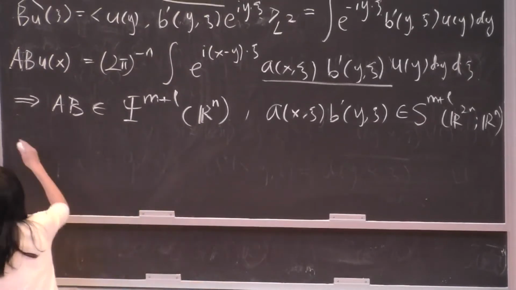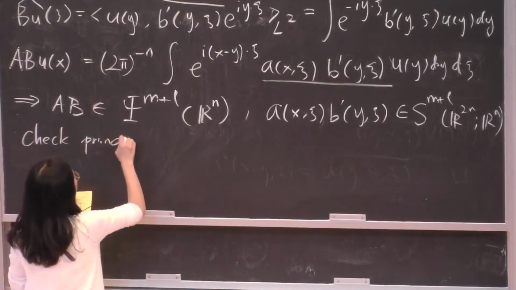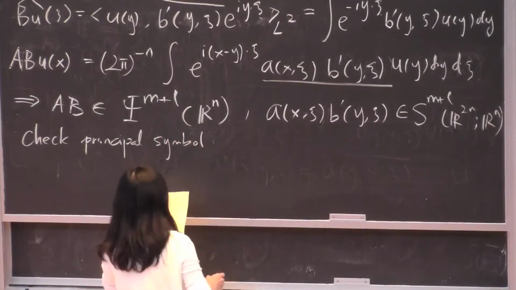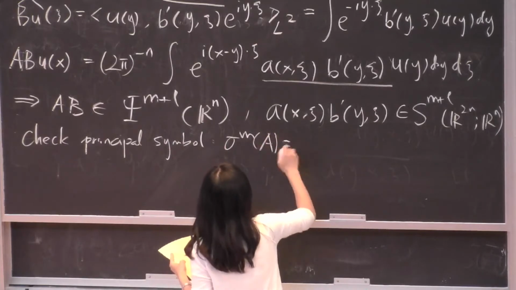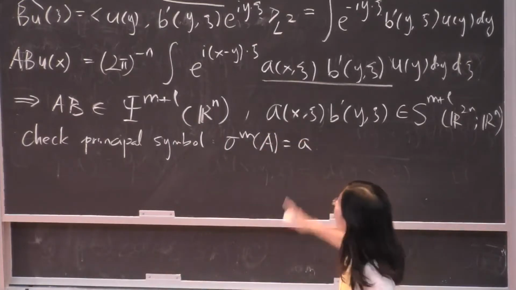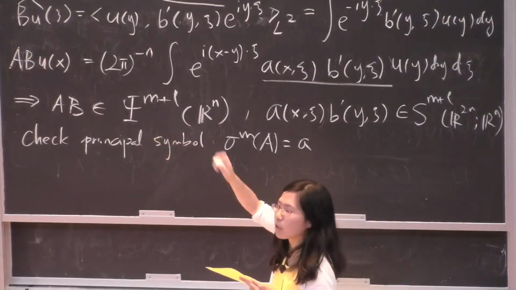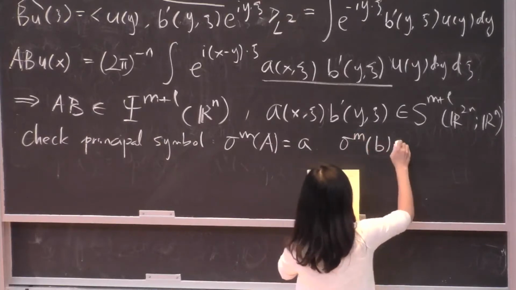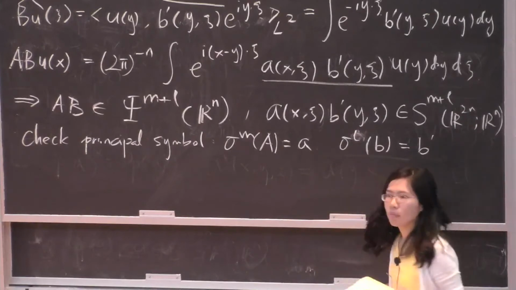So first of all, we can check the principal symbol. Notice two things: the principal symbol of A is given by this a, which I'm defining by picking this op0 a. And the principal symbol of B, sigma_L(B), is given by this b prime.